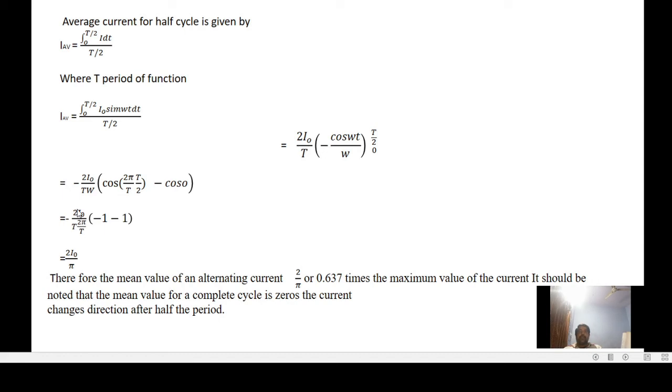So 2 ones are 2, twos are. Finally we can get I average is equal to 2 I naught by pi. Therefore, the mean value of an alternating current is 2 by pi or 0.637 times the maximum value of current.